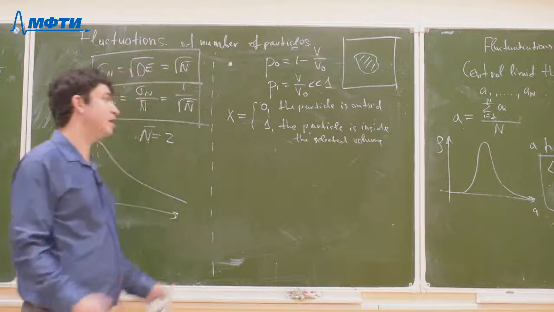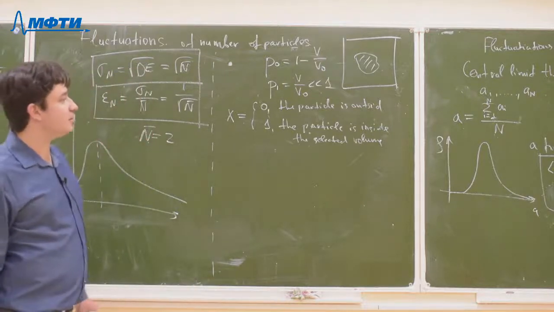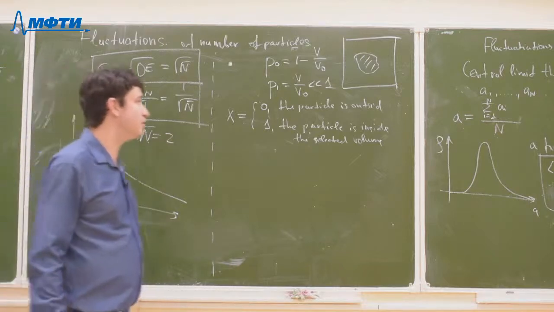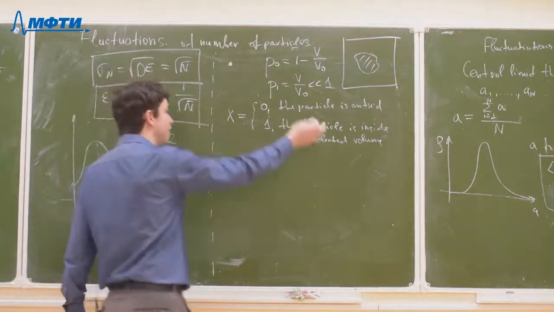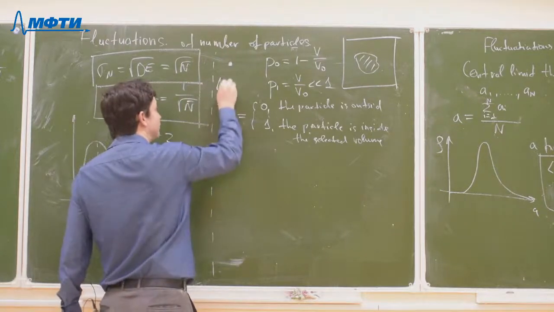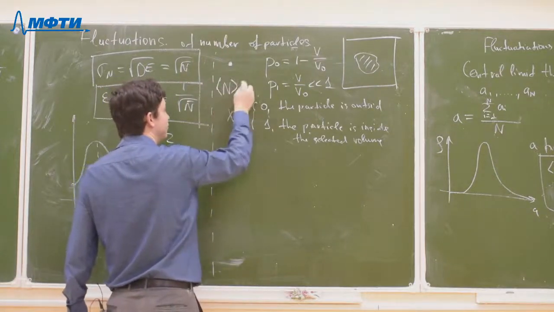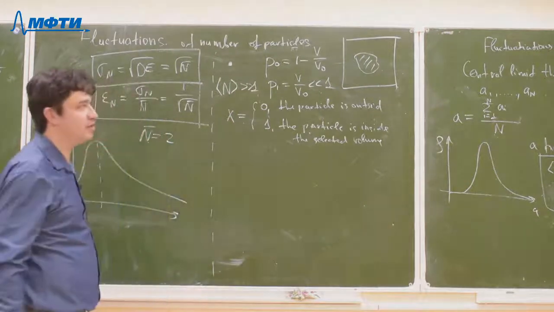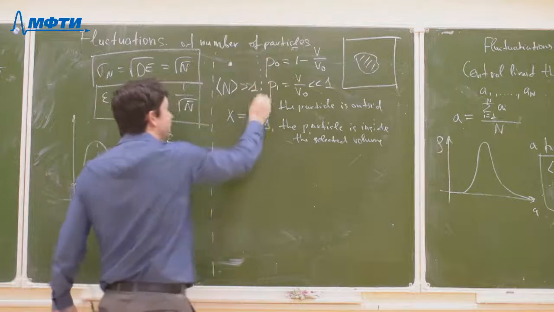So we can be sure that the average number of particles inside the selected volume is large. This is the applicability condition for the central limit theorem. If we know that the average number of particles in the selected volume is much larger than 1, then we can apply it. And let's check the result.